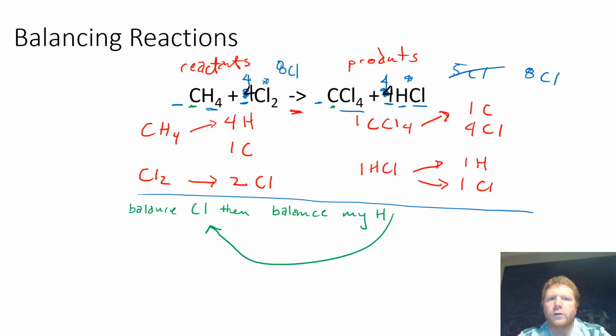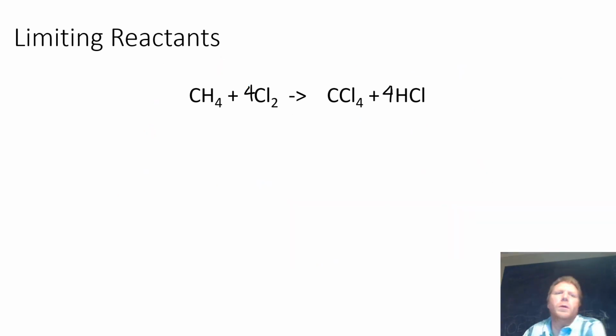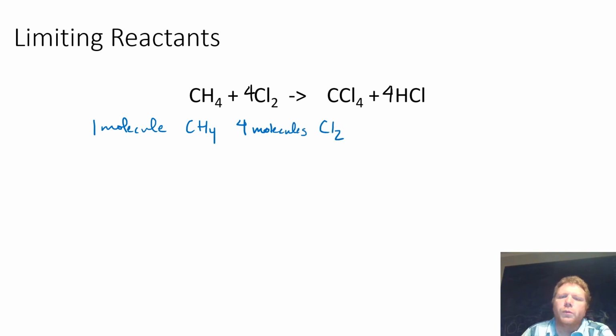We're going to use the same reaction moving forward for our next step. Anytime you look at a balanced chemical reaction, there are a couple different ways that you can look at it. You can look at it as a mole ratio, or in terms of the individual reactants. So if you had one molecule of CH4, it would need 4 molecules of Cl2 to react.